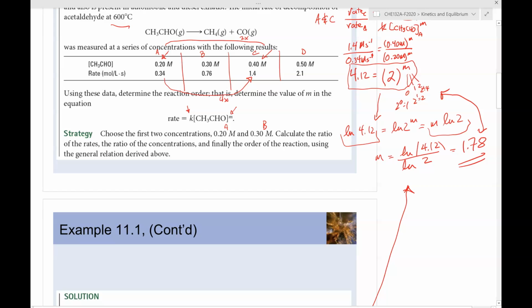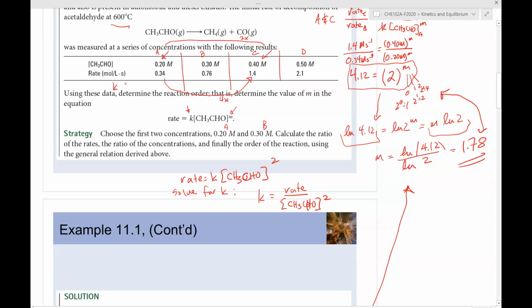If we decide that rate is equal to K acetaldehyde to the second, we're going to take any piece of data that you want and plug it into this and solve for K. So K is going to be equal to the rate divided by the acetaldehyde concentration squared.